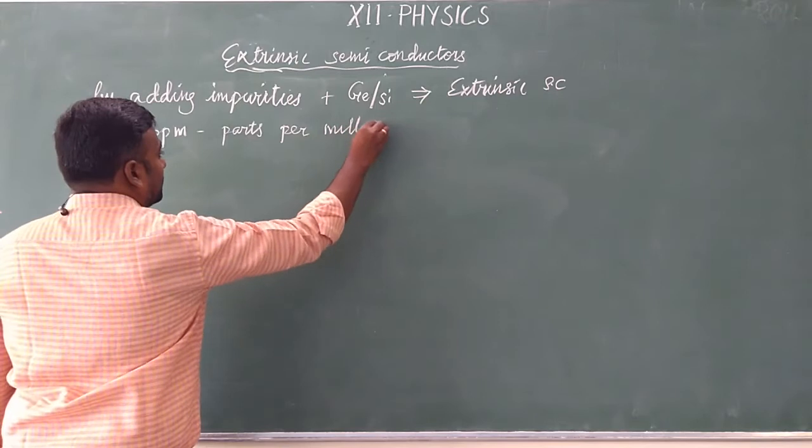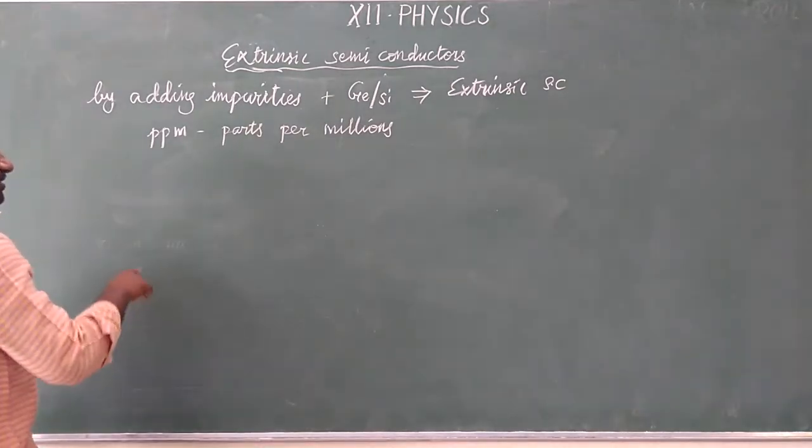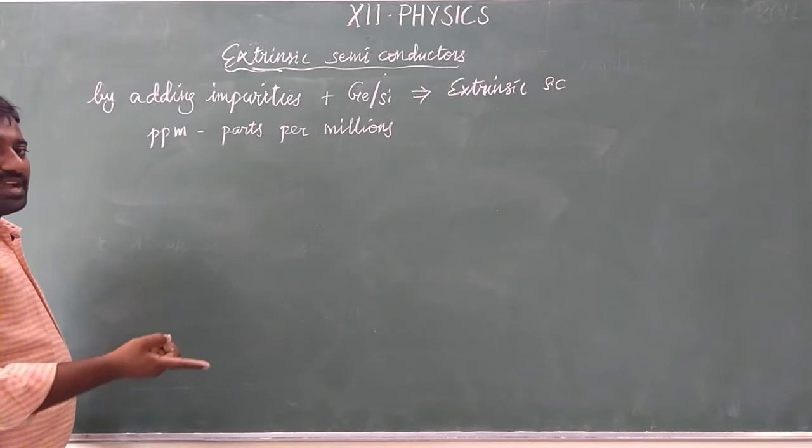What is ppm? It is parts per million, which means for every million silicon atoms, we have to put 3 or 5 impurity atoms.